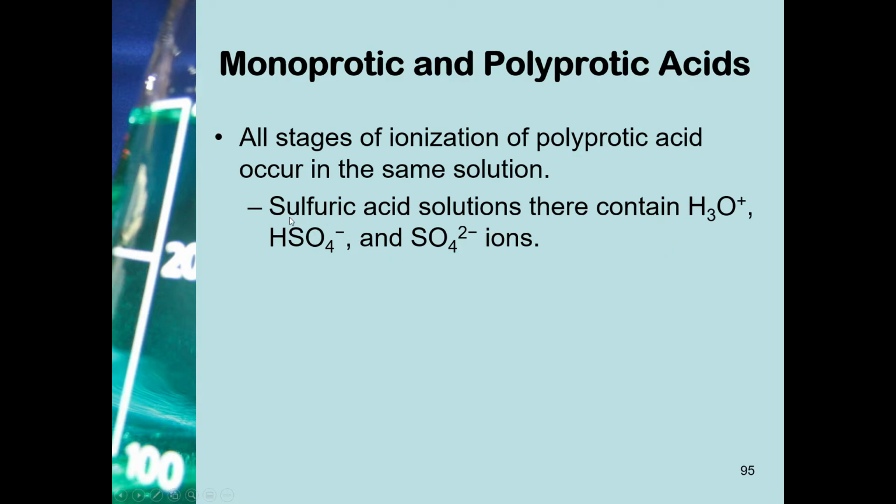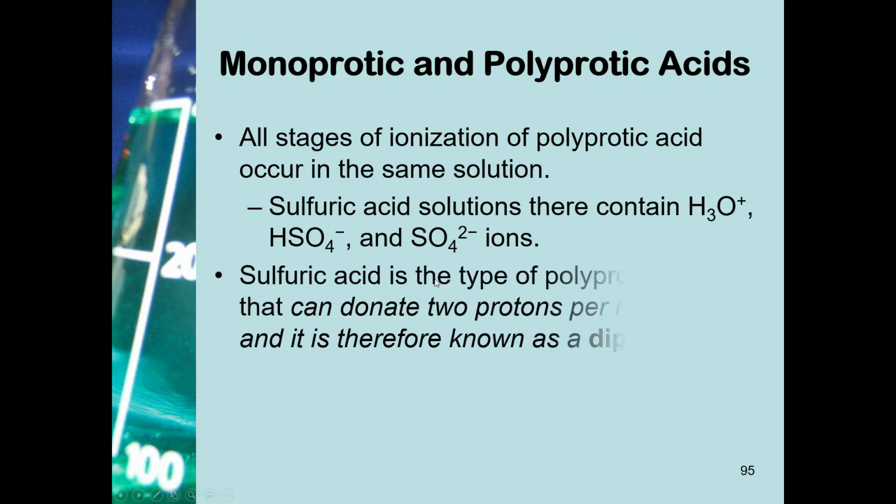In the first stage, we had this forming, and in the second stage, we had this forming. So in the same solution, we're going to have sulfuric acid molecules, hydronium ion, hydrogen sulfate ions, and sulfate ions, all in the same solution.